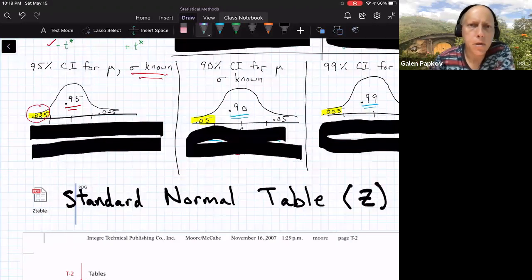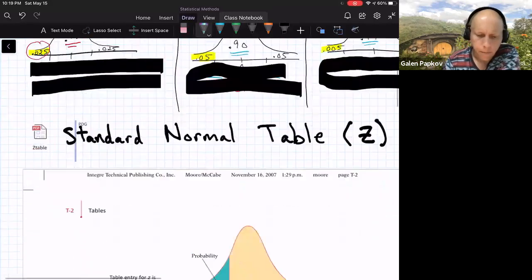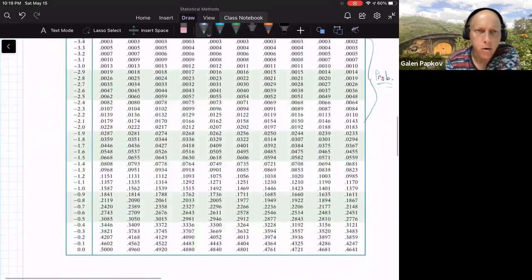The Z table is used when sigma is known, because then your error is going to be z star times sigma over root n. So if 95% is in the middle, that means 5% isn't, half of that, or 2.5%, is on each side. So I'm going to find 0.025 probability in the standard normal table and figure out what z-score corresponds to that 0.025.